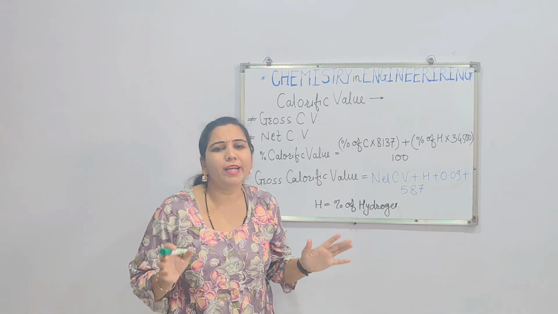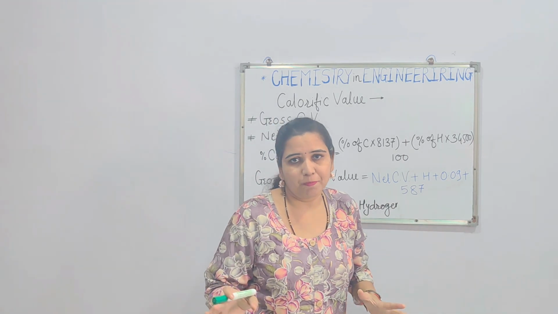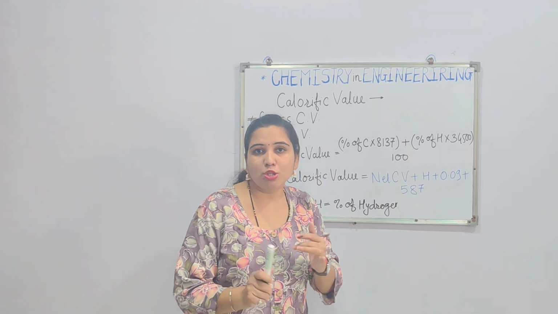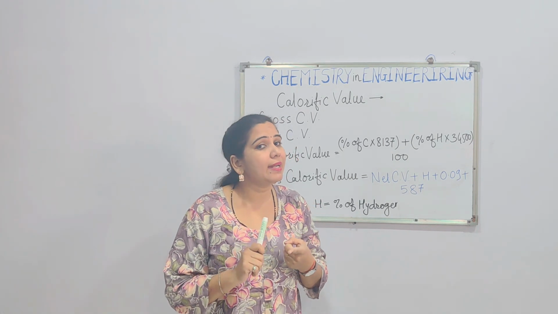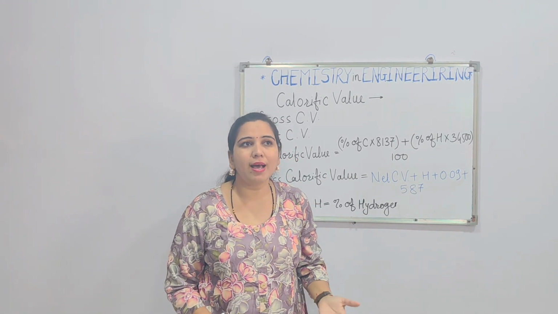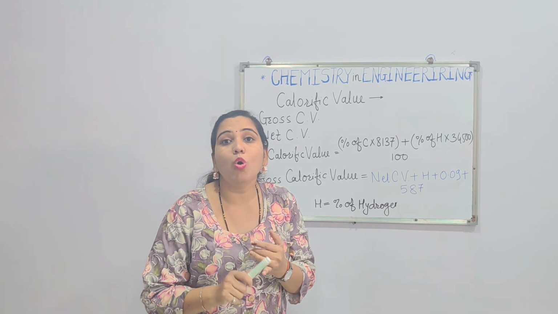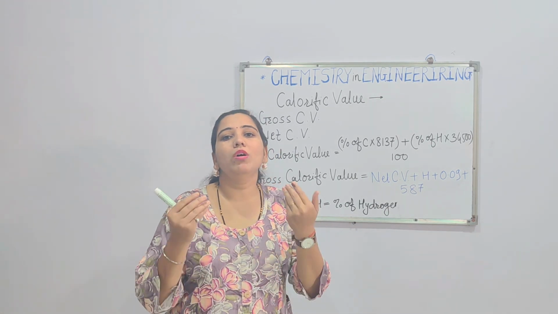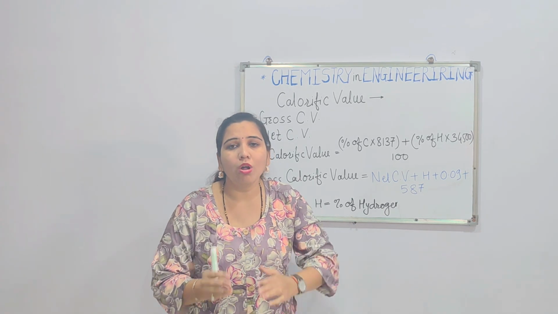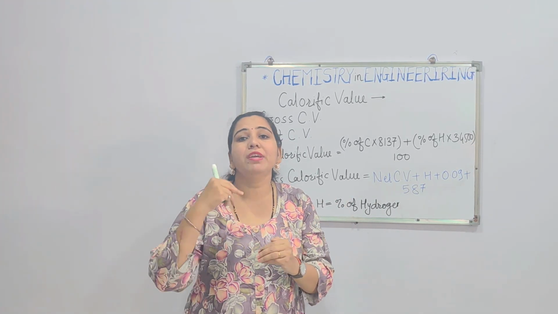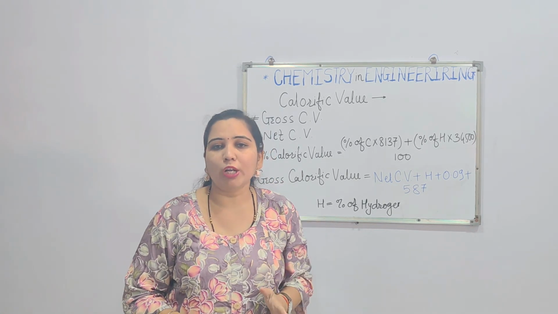Now that fuel may be in any state. On the basis of its state of matter, there are solid fuels, liquid fuels and gaseous fuels. Solid fuels include wood, coal, coke, peat, charcoal, bituminous coal, lignite and anthracite coal, all the types of solid fuels which give energy.